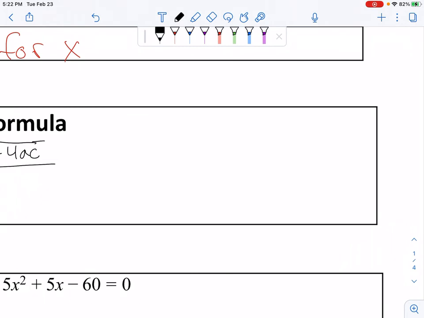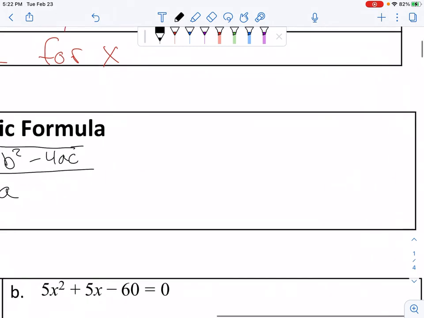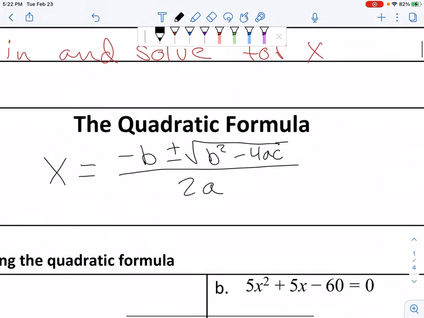I will say that the quadratic formula is a formula that could be used in every single one of these problems that we've done leading up to this. So leading up to 8.4 and everything from 8.3, 8.2, 8.1, stuff that we've learned from Unit 7, all of it builds up to, or could have been solved using this formula. And this formula is derived from completing the square from standard form.